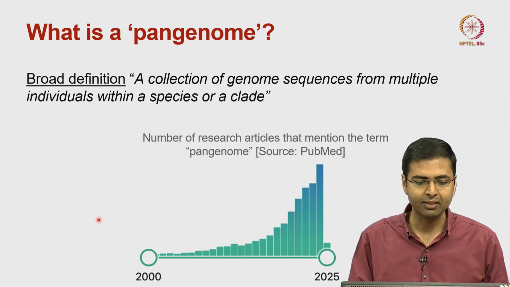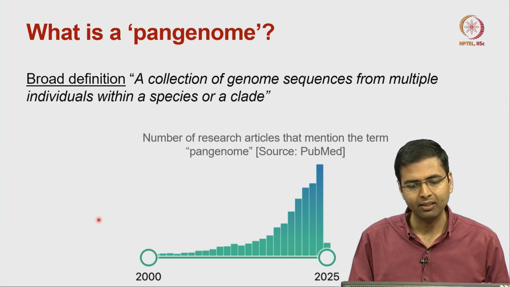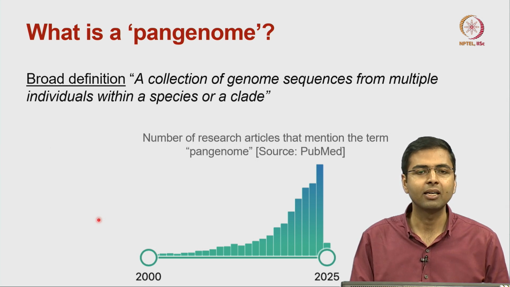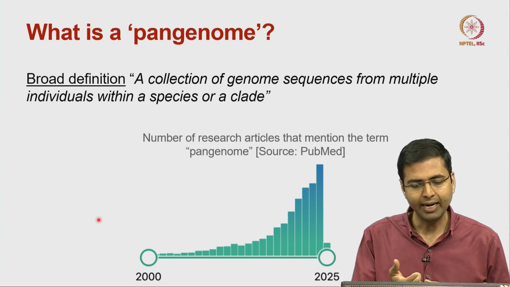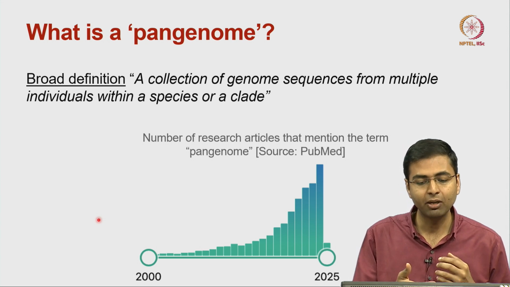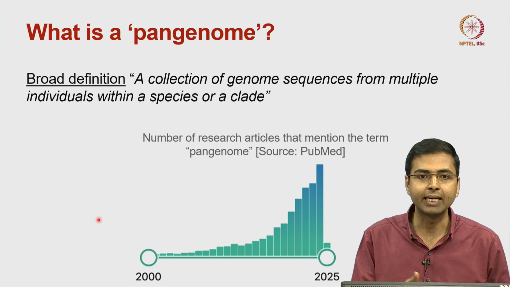This happens to be also one of the active research topics. For example, if we look at the number of research articles that mention the keyword pangenome, you can see that this topic has emerged as a more popular topic very recently.